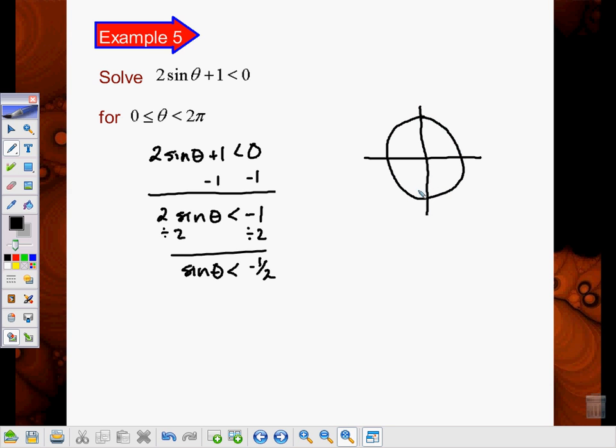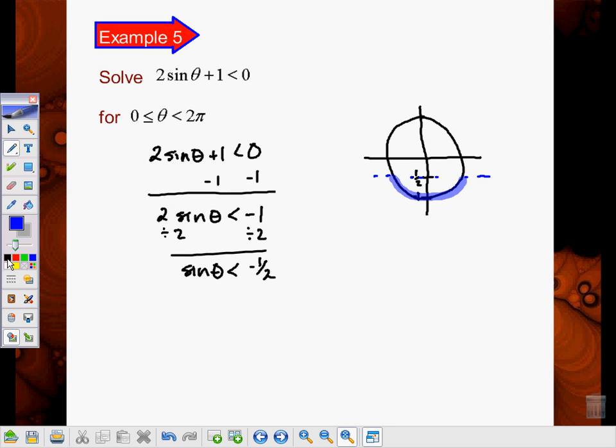Now remember, sorry for the horrible circle there, remember sine values go with our y-axis, our vertical axis. So -1/2 is about right here, because remember the very bottom is -1. So less than -1/2, we're talking about the portion down here. Really, this part of the unit circle is where the y values and thus the sine will be less than -1/2. So where is that?